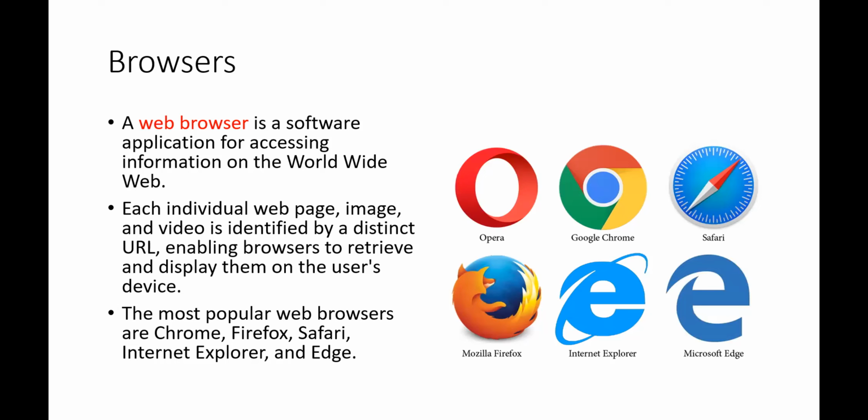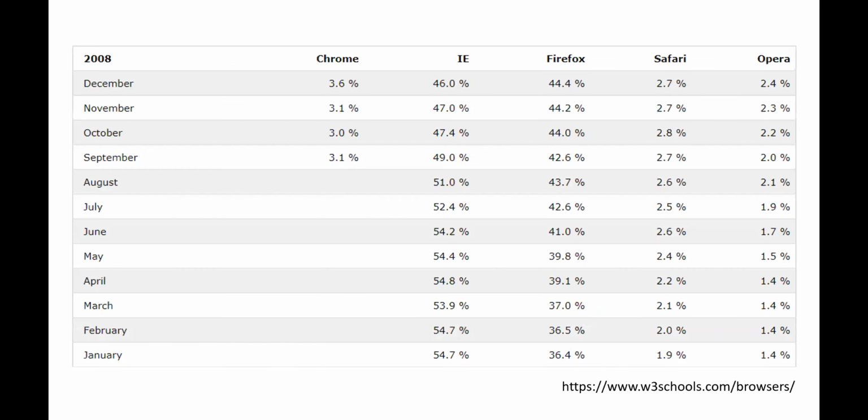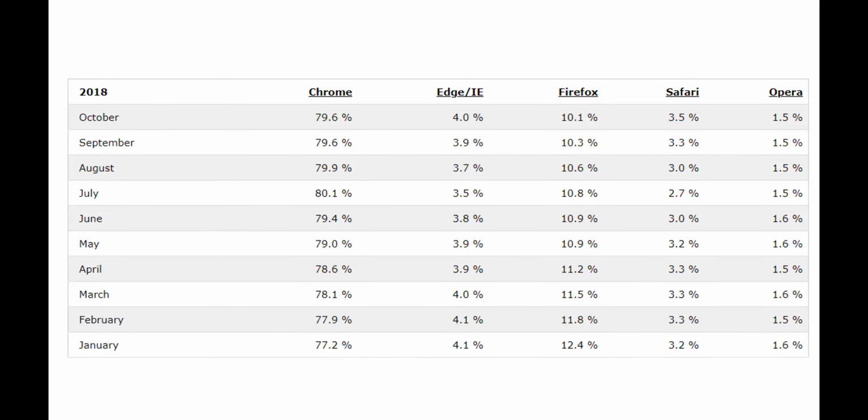Then the browser is the software that we use to connect to the internet. And these are the traditional set of browsers available. You can see Opera, Chrome, Safari, Firefox, Explorer, or Edge. You can see how the statistics changed: in early days Internet Explorer came into the picture, and now most of the time you will see Chrome dominating.